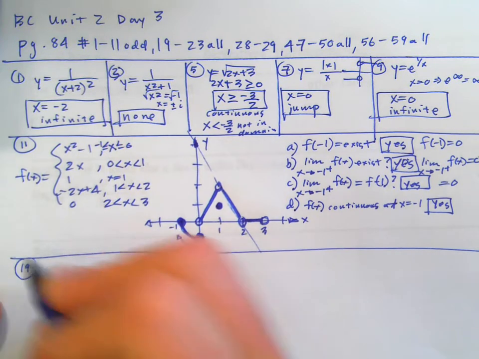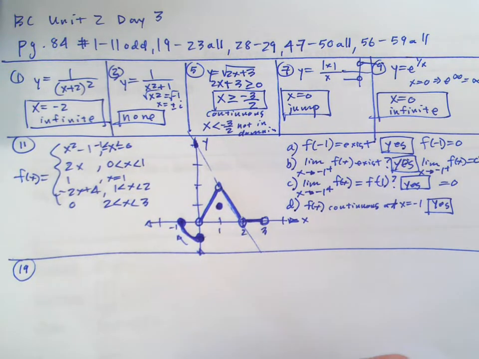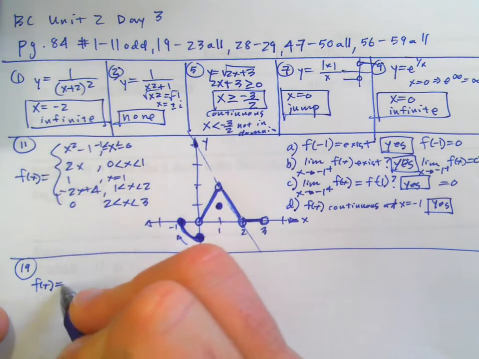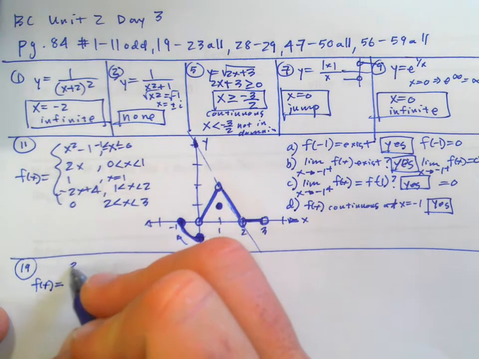Now, in these problems, it says part A, find each point of discontinuity. Which of the discontinuities are removable? Give reasons for your answers. So, piecewise function.